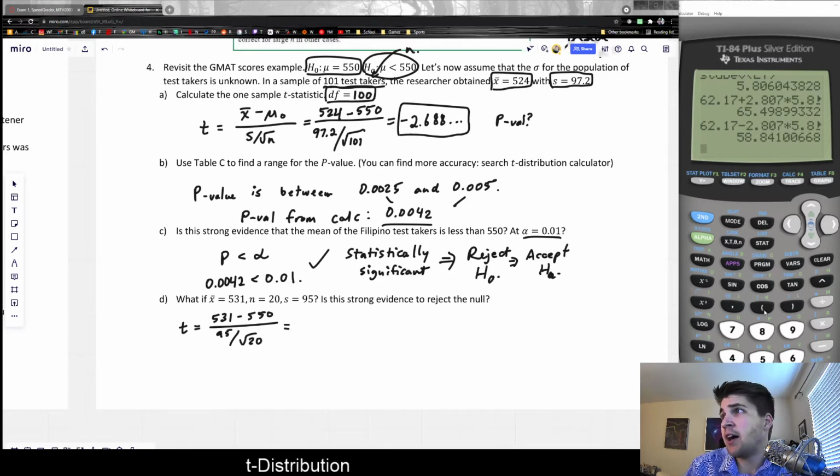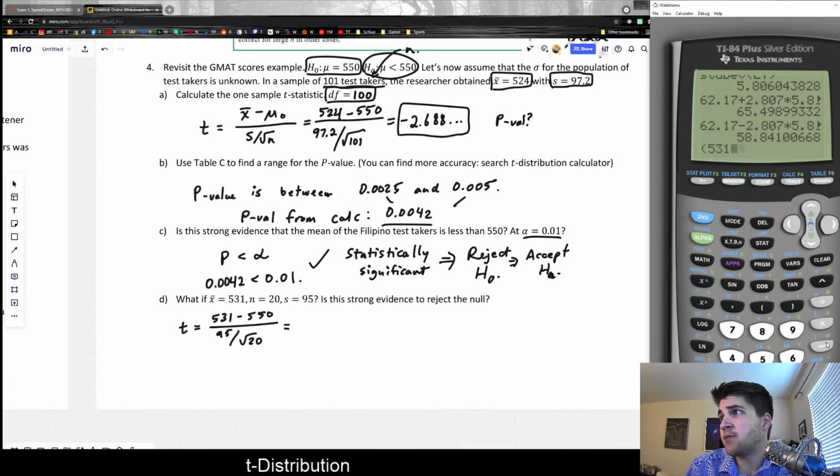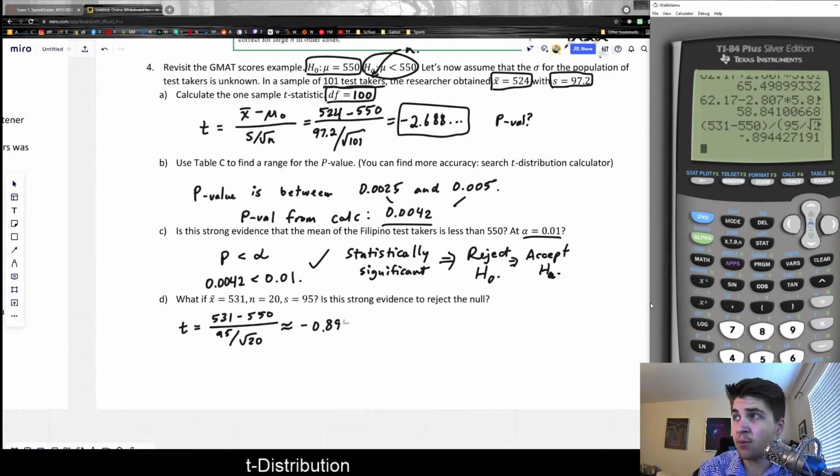So we would have 531 minus 550, divided by 95 divided by root 20. And this would give us a t-test statistic of approximately negative 0.8944. And again, we need to make sure to look this up in our table T to figure out if it's strong evidence to reject the null.